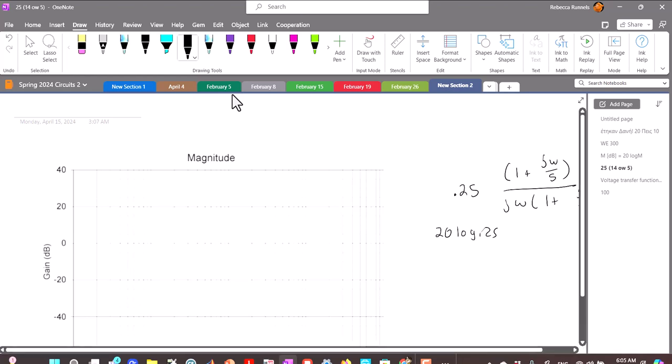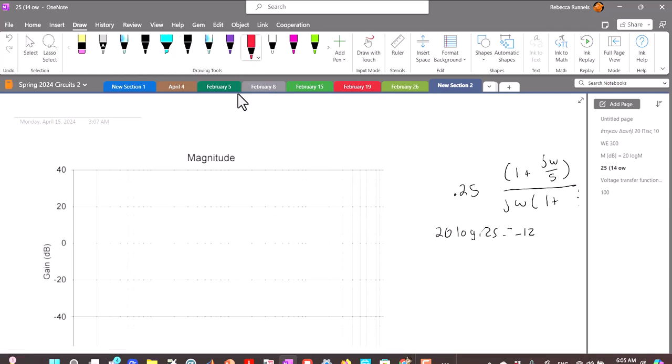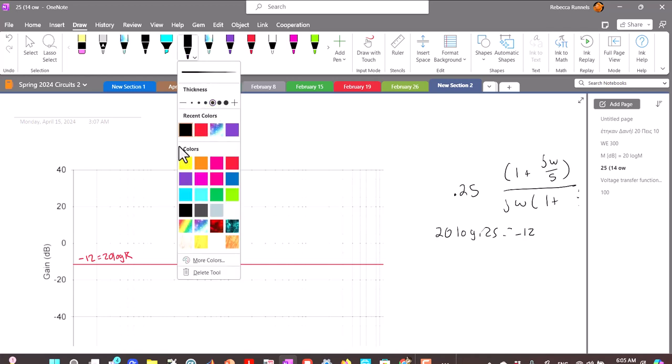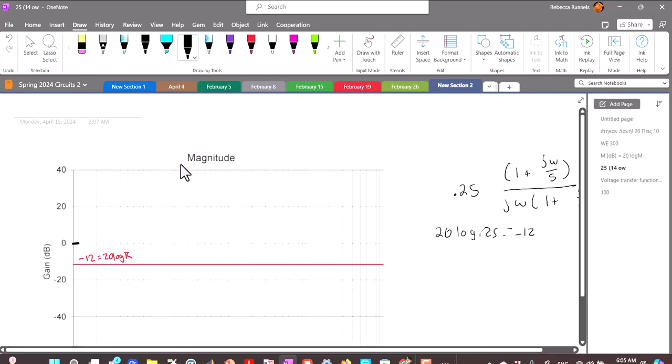And that gets me negative 12. So from my constant term, I will have a line at about negative 12. So if that's negative 20, negative 10, so I'll say negative 12 right there. Alright, now I'm going to put a line through my axis because I always mess that up.